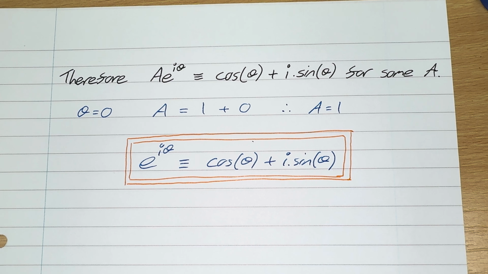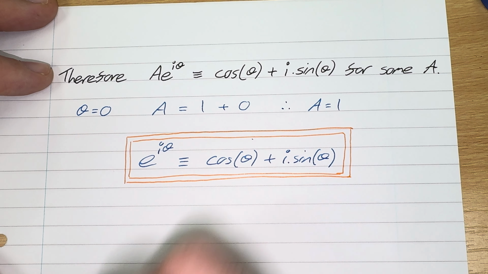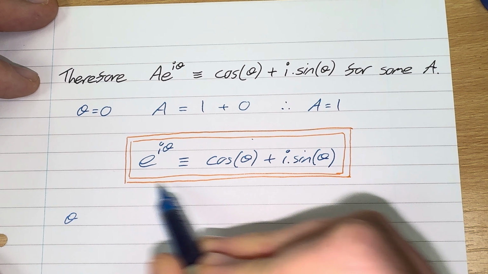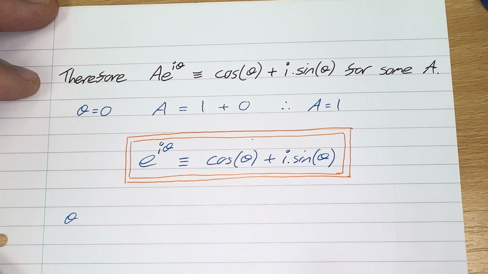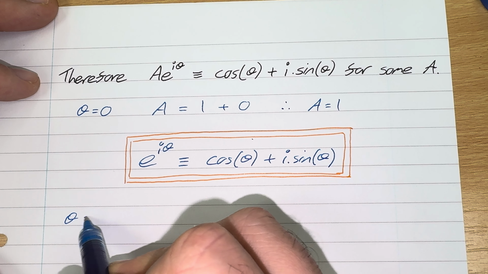Before we wrap up this video, there is one special case I would like to consider, and that is when theta equals pi. So now we've got this relationship, which is a true relationship, and we'll be able to see that a bit more clearly when we do Maclaurin series as well.